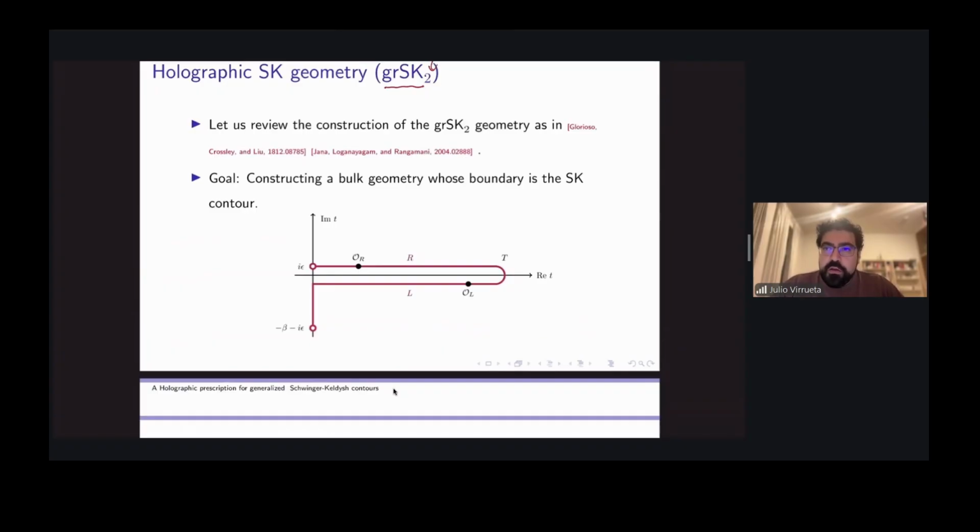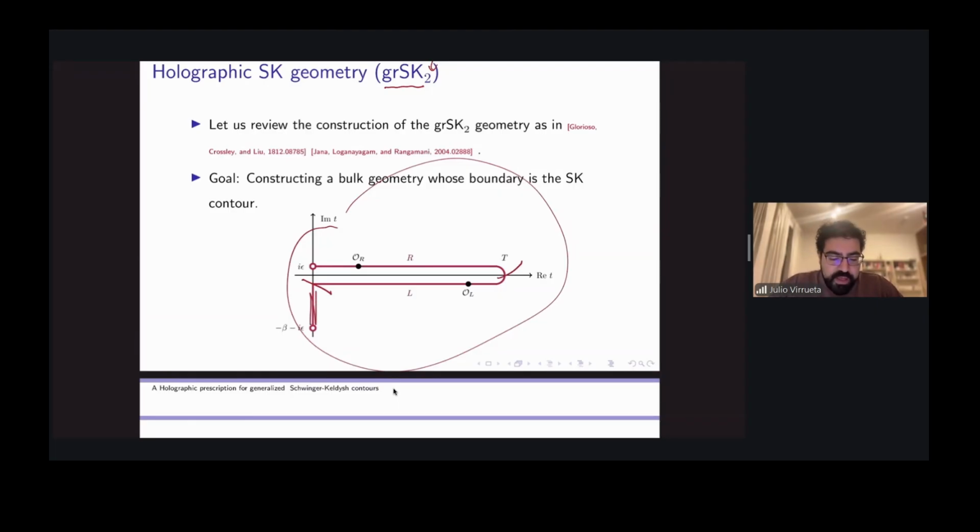And the goal in holography is that I want to find a solution of Einstein's equations in asymptotically AdS spacetimes whose boundary in time, as I go to the boundary of AdS, mimics this contour. The strategy is to split the contour into pieces, to chop off the contour into 3 segments.